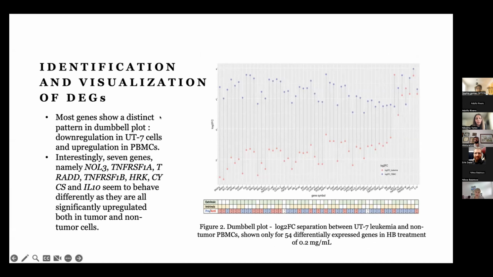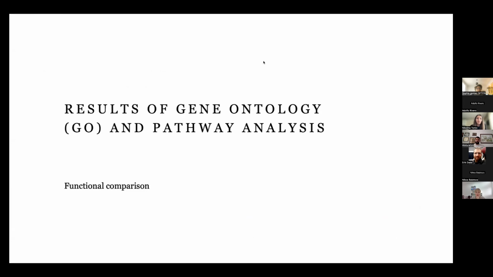They were downregulated in leukemia and upregulated in the PBMCs, but 7 genes, which are listed here on the slide, seem to behave differently, as they were significantly upregulated in both tumor and non-tumor cells. Besides this data in the dumbbell plot, there is again a gene annotation related to the extrinsic and intrinsic apoptotic pathways and whether the gene is pro-apoptotic or anti-apoptotic.